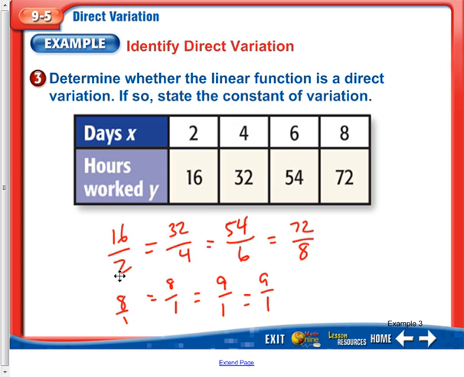Okay, so since this number changed right here, these are no longer equal. 8 over 1 is equal to 8 over 1, but it's not equal to 9 over 1. So these two here are equal. They're proportional, but these are not. So we would just say, no, there's not a direct variation.